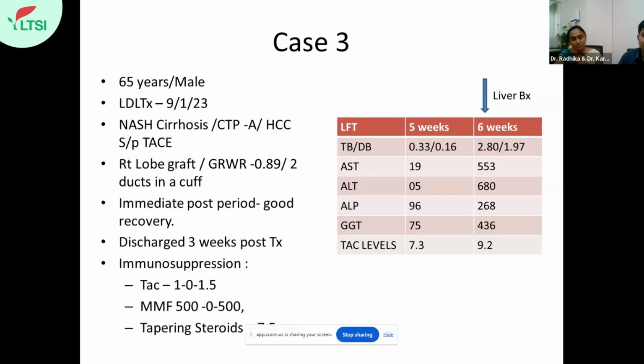But when he came for the 6-week review, he was asymptomatic, but there was elevation of the LFTs with a bilirubin of 2.8 and a direct component of 1.9, AST 553, ALT of 680, ALP and gamma GT of 268 and 436, and his tacrolimus level was 9.2. After ruling out infections and other viral serologies, and imaging which showed a normal graft with normal portal venous and hepatic Doppler, we went ahead and did a liver biopsy. Over to you, Mukul sir.